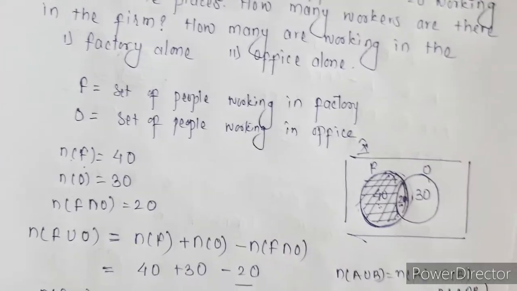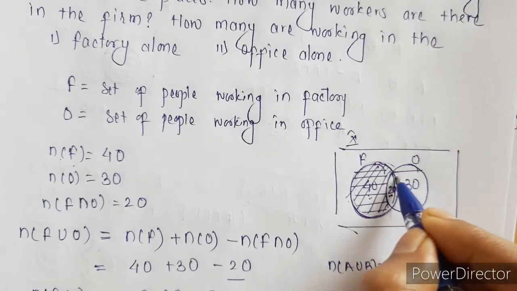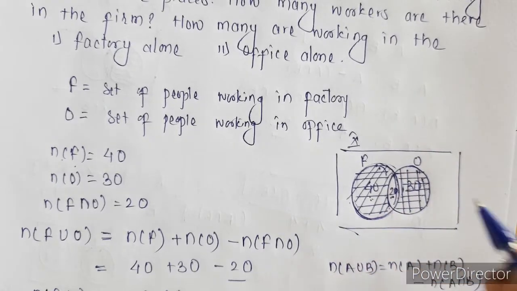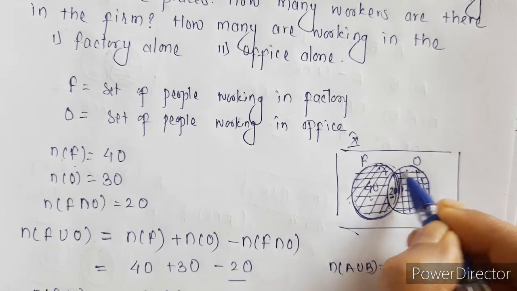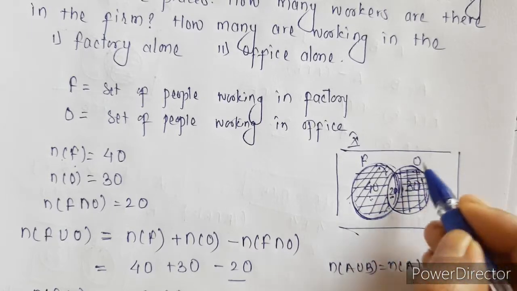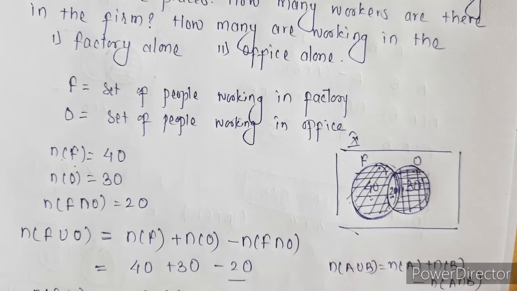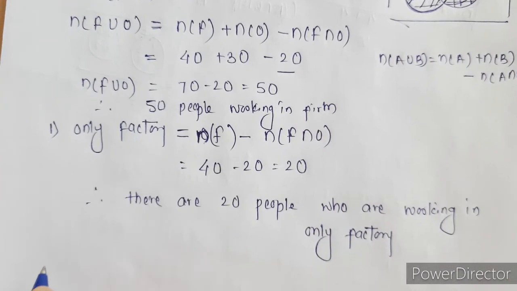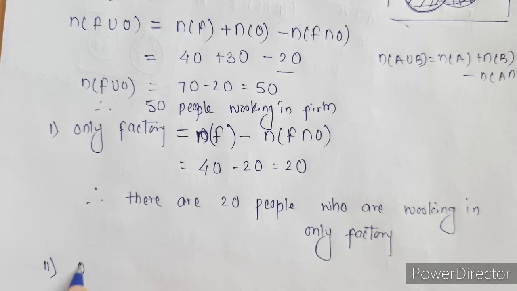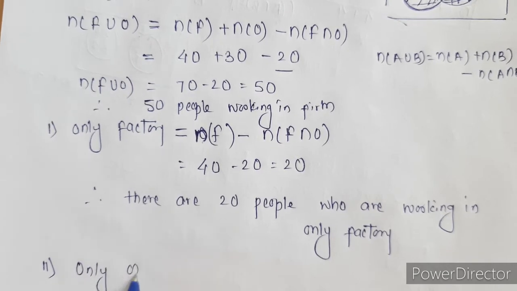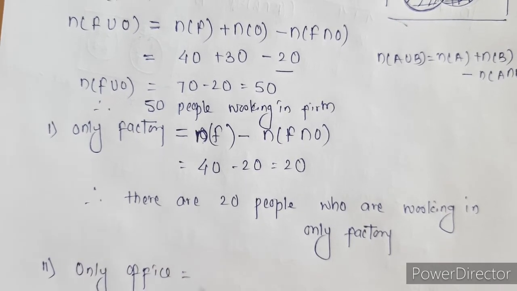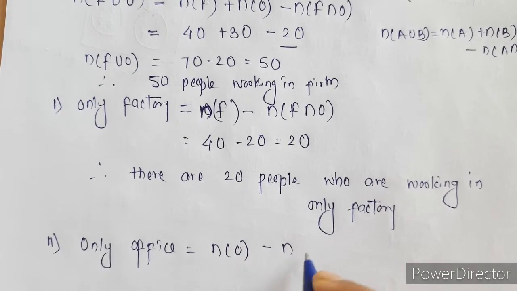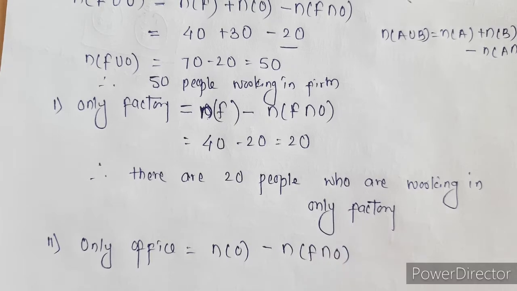Next, we need to find the people who are working in office alone. Similarly, we need to find the people who are working in only office. We do not want people who are working in both office as well as factory. We need to find only this part. So out of this 30, if I subtract this part, the remaining will be the people who are working in only office. That is nothing but n(O) minus n(F intersection O).